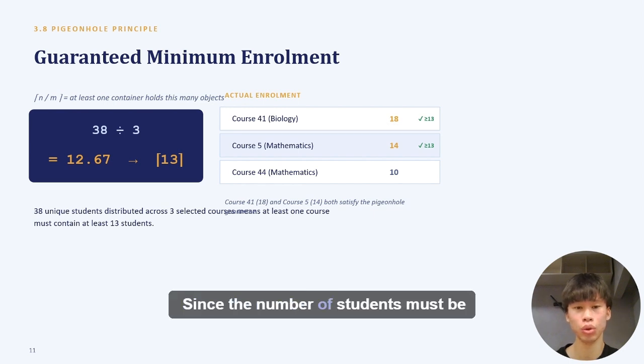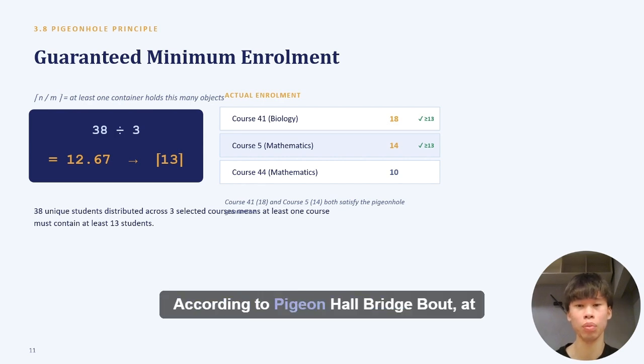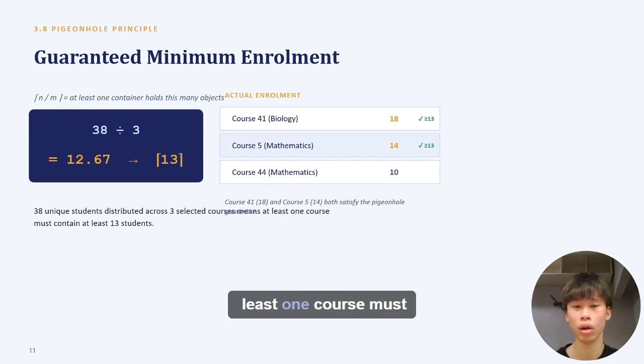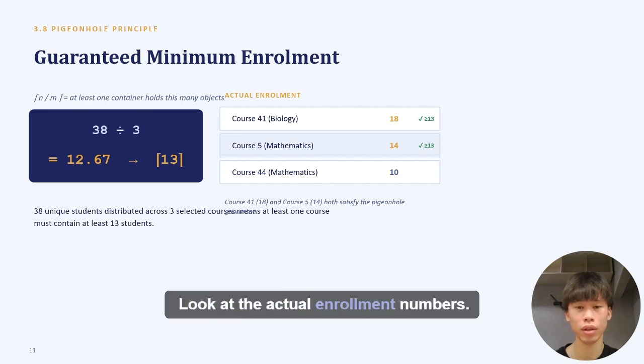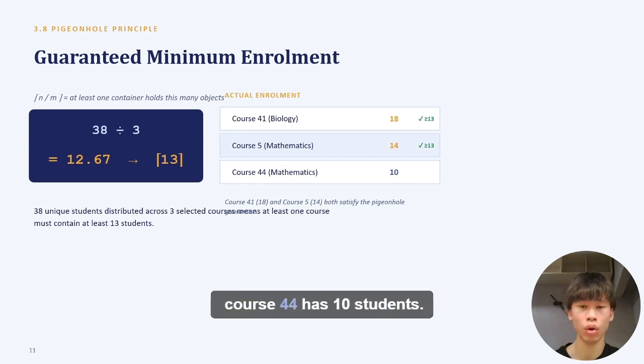Since the number of students must be a whole number, we round up to 13. According to the pigeonhole principle, at least one course must have at least 13 students. Look at the actual enrollment numbers. Course A has 18 students, course B has 14 students, and course C has 10 students.